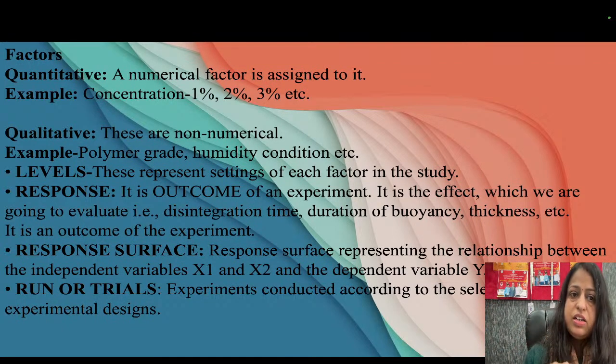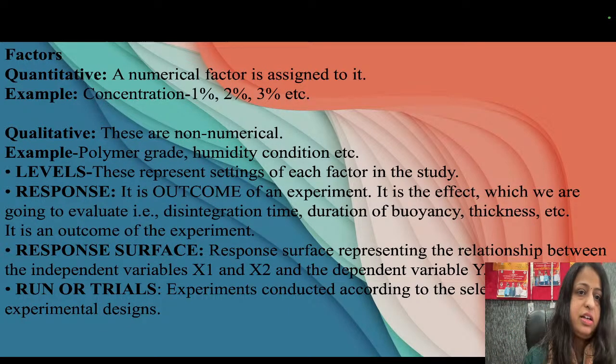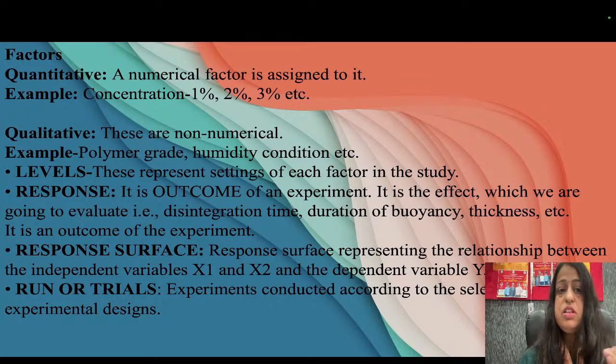So that factor is studied at 3 levels, means the minor concentration of that factor, the medium concentration of that factor and the highest concentration of that factor, how it will affect, right? If I am keeping it at minimum level, then is there any effect on the response?